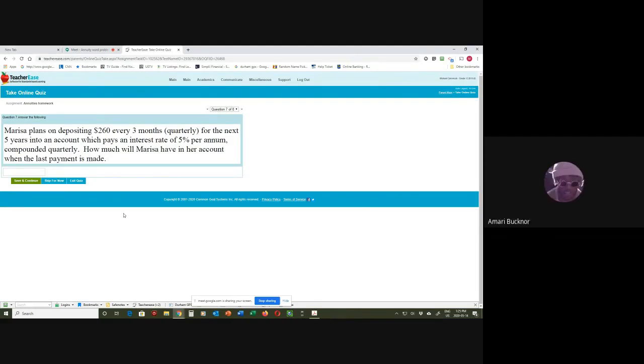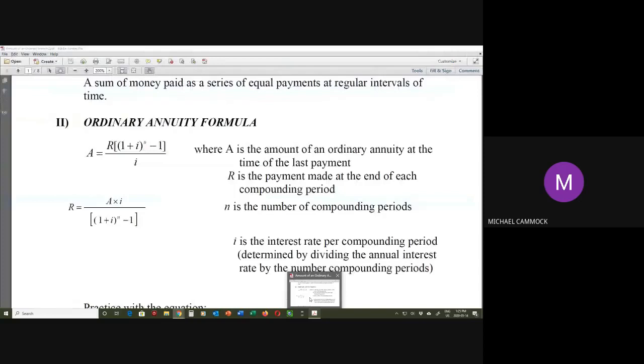Is that equation 2? Well, let me look at equation 2 and see. Equation 2 tells me how much the regular amount is if I'm trying to get to a certain amount later on. It's telling me how much I need to put in each month to get to some desired amount of money later on.